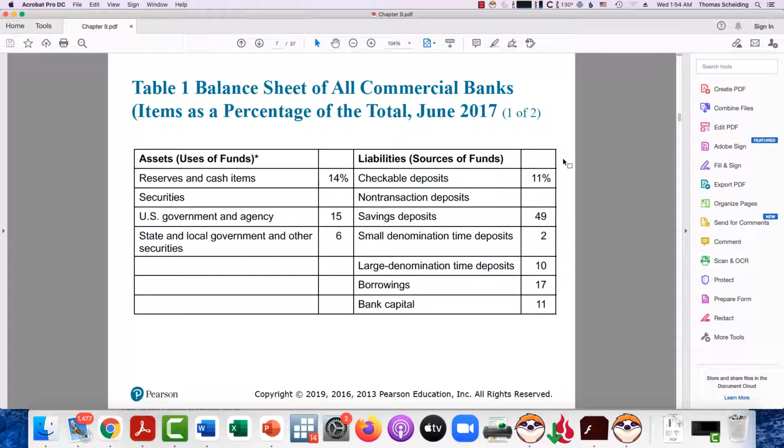The book has a pretty good description here, which I'd encourage you to use or think about in terms of what is an asset and what is a liability. An asset is anything that shows how the bank has used its funds, and the liabilities would be where it got those funds from.